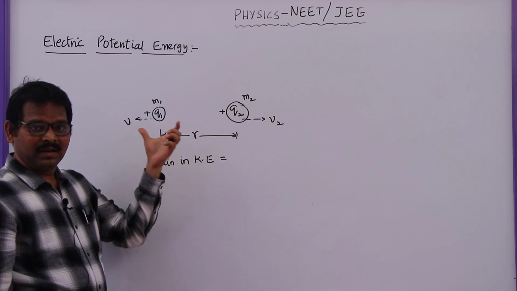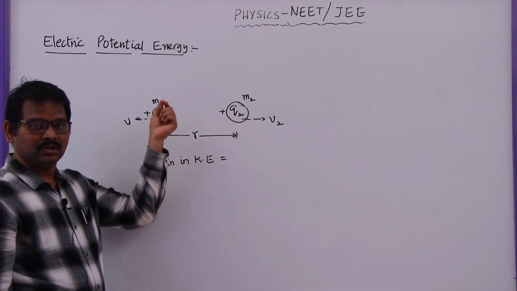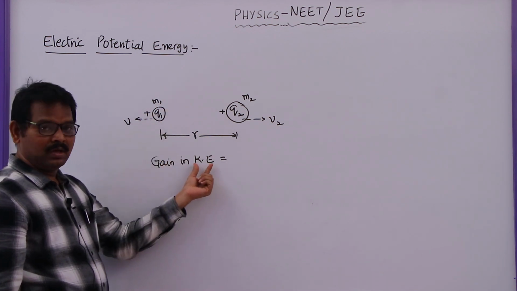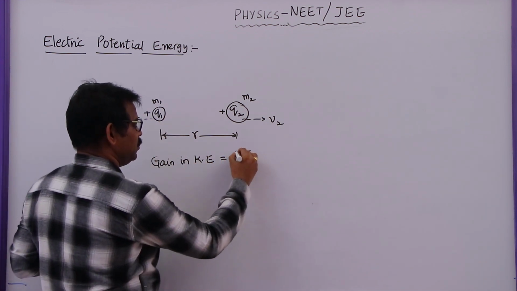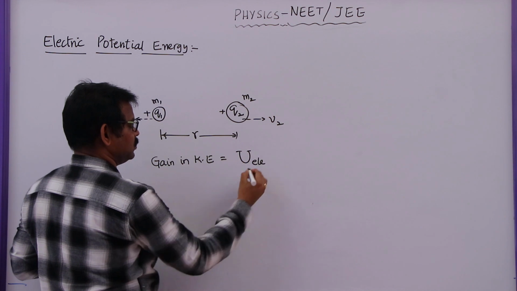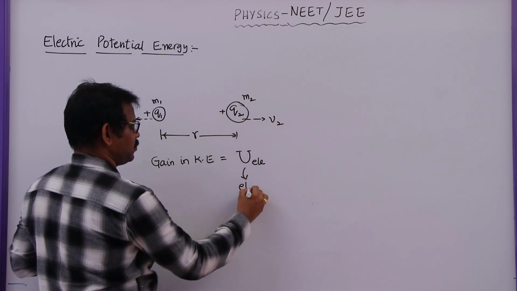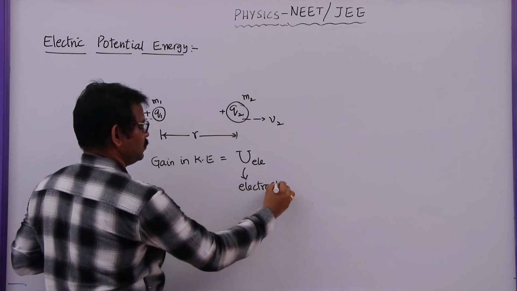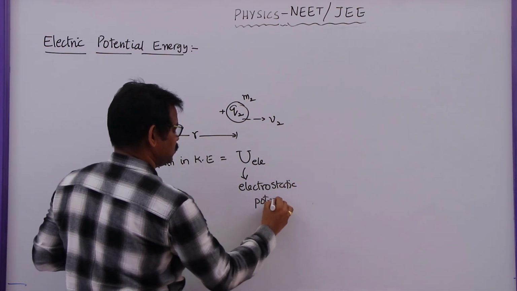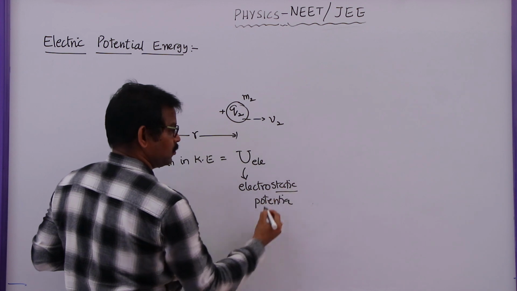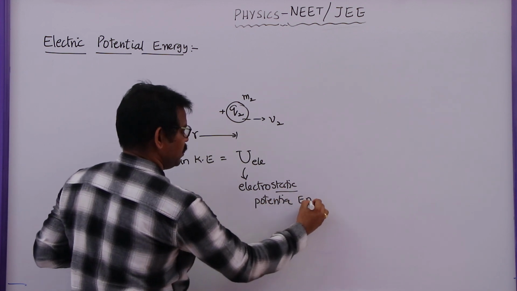So the source that is producing this kinetic energy for these charged particles must be the initial energy, which we call electrostatic potential energy. So when these two charged particles are at rest, that's what is called electrostatic potential energy.